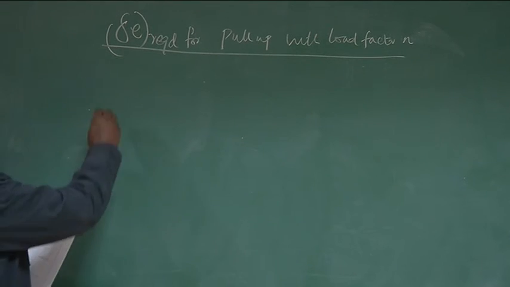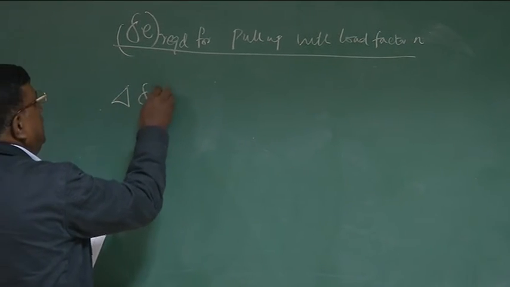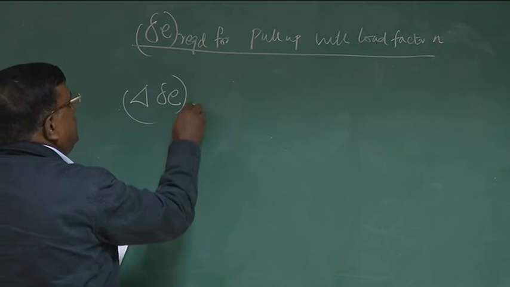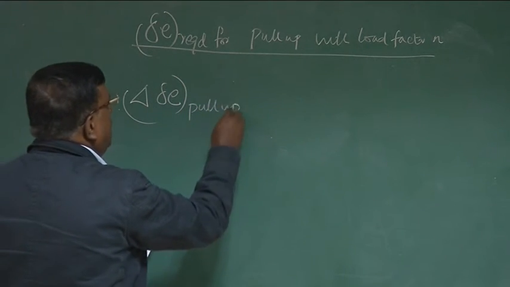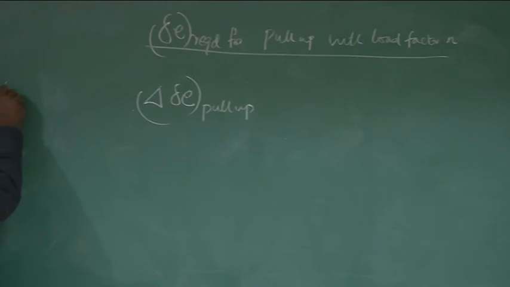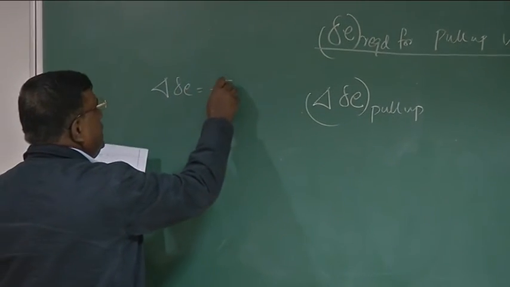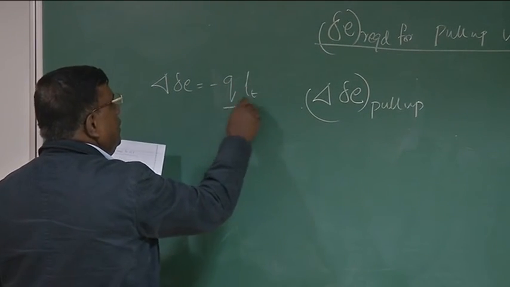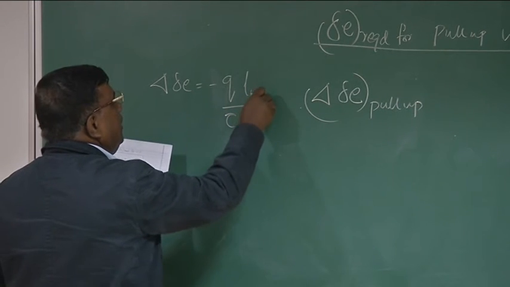So delta E, we are trying to find out what will be delta E for pull-up. We know that delta E is given by minus q Lt by tau v, and into 1.1.